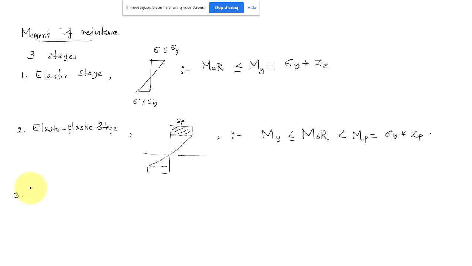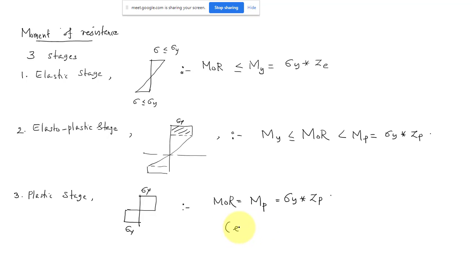And the third stage is completely yielded. That is the plastic stage. We have already discussed the stress block, I'm just writing everything. So this is completely yielded, sigma y. Here the moment of resistance will be equal to Mp, which is equal to yield strength into plastic section modulus.